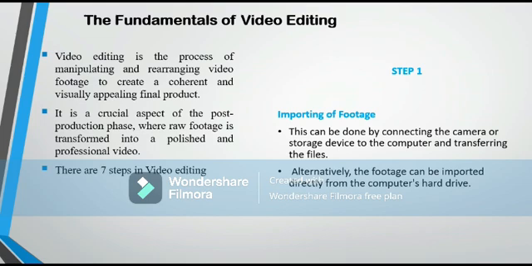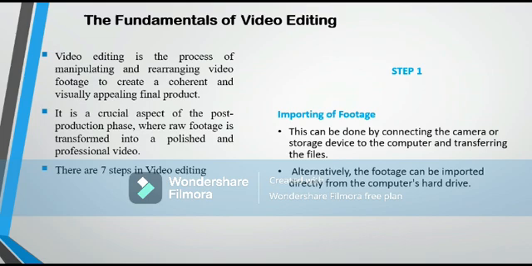The first one is importing the video footage. Now, when you are shooting your video, you shoot them using a camera, and that camera is not where you do the editing. So you need to transfer it to the computer where you can carry out the editing job. There are 2 basic ways you can import video footage into your work environment, depending on the particular video editor you are using.